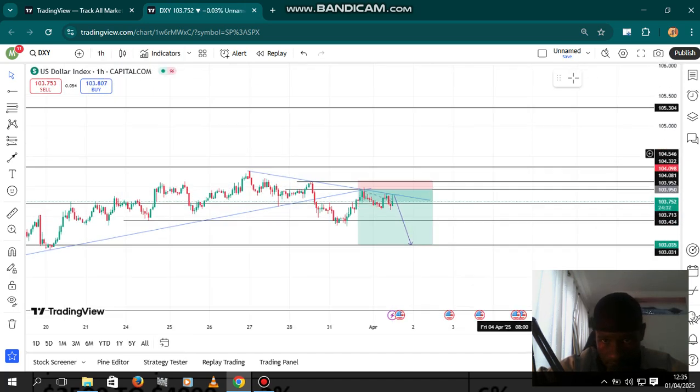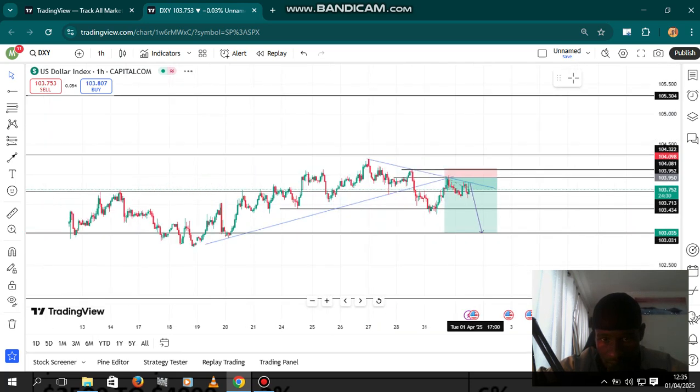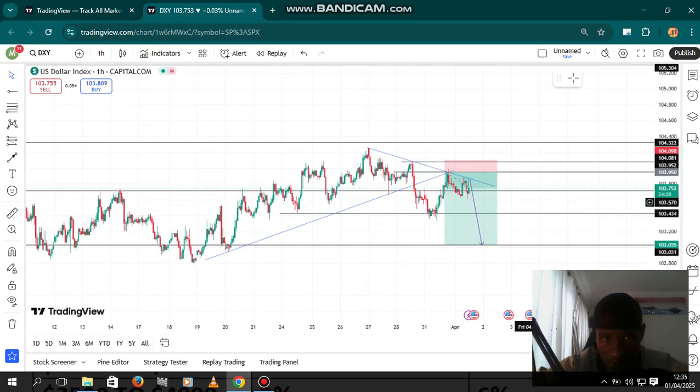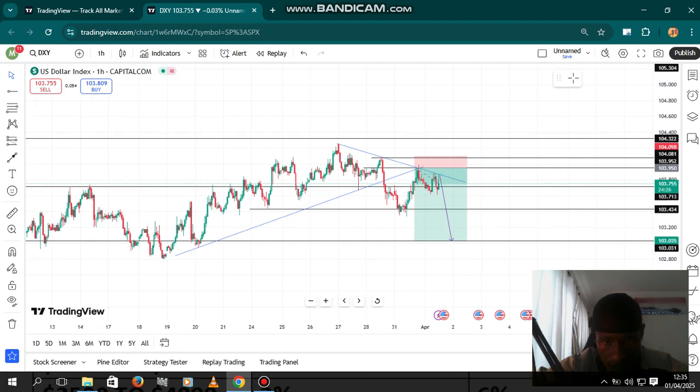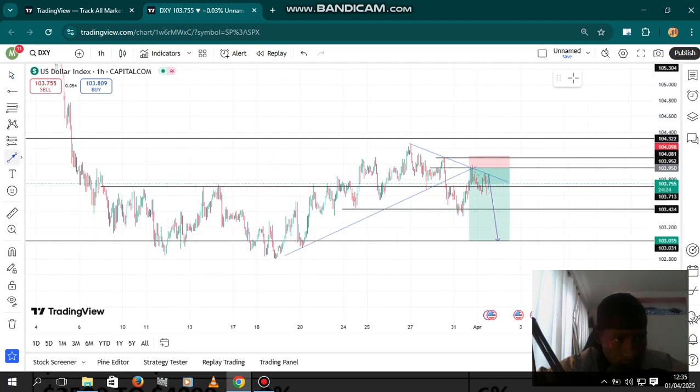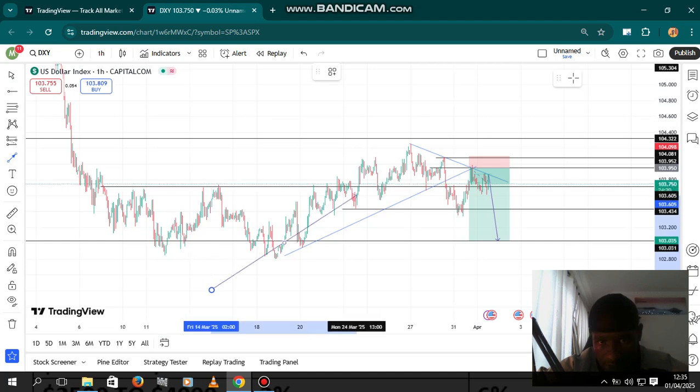This is H1, getting close. So on the H1, this is our double bottom, the one that you saw on the daily time frame. It was broken, and then the market went back inside again, and that's when we saw this first touch, second touch, and it broke.